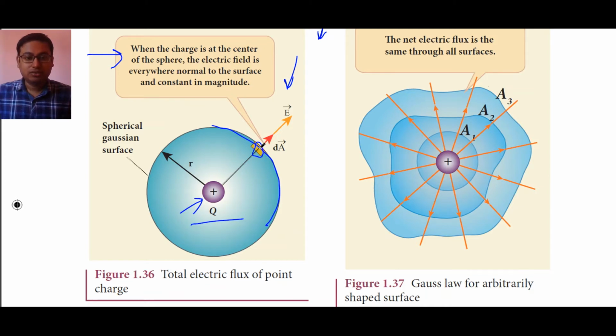Also, whenever we have to find the angle in psi equal to integral E dot dA, the angle theta will be the angle between the area vector and the electric field. As you can see in this figure 1.36, the area vector dA and electric field E are lying parallel to each other.